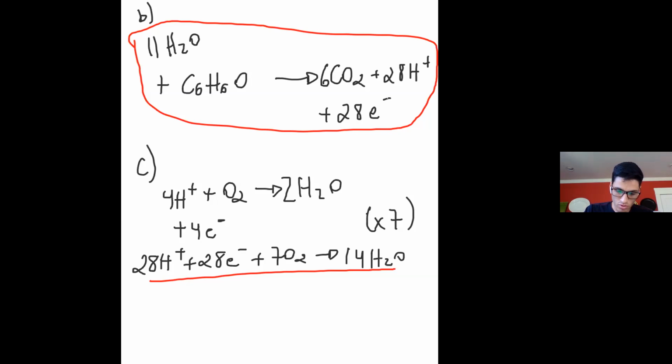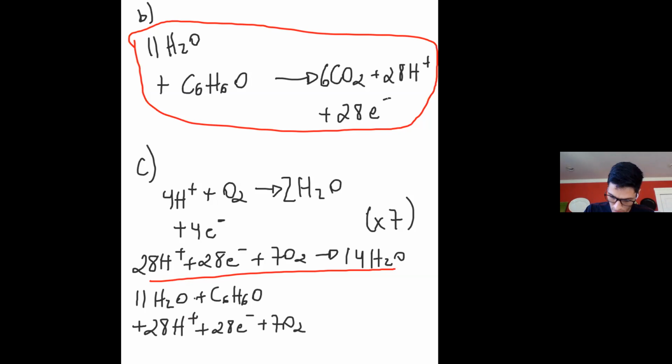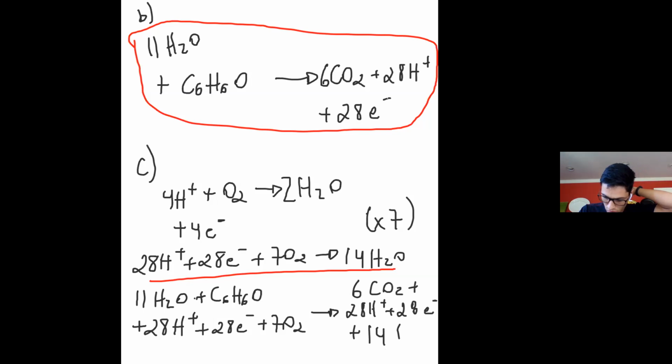And if we add these two, so we add all the left side and then we add all the right side, it's going to be 11H2O plus C6H6O plus 28H plus plus 28 electrons plus 7O2, this is going to be 6 CO2 plus 28 H plus plus 28 electrons plus 14 H2O.